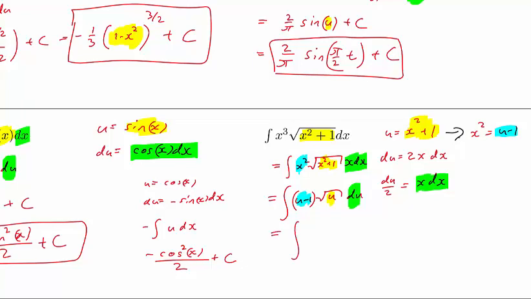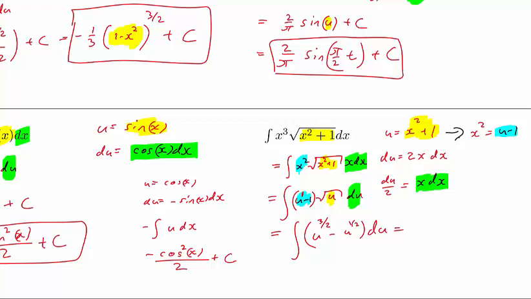And so we have the integral of u to the 3/2 power, because there is a 1 exponent right there and this is a 1/2 exponent, and then minus the square root of u, which is u to the 1/2, and that's du.